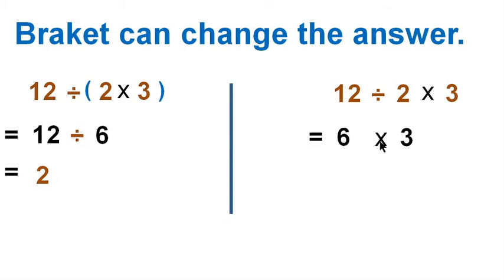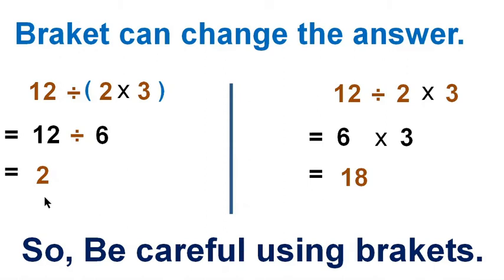And if we multiply 6 by 3, 6 3s are 18, and our answer is 18 in the second simplification, and the answer is 2 in the first simplification. But there is a difference between the answers of the two simplifications. So we must be careful using brackets, because brackets can change the answer of the simplification.